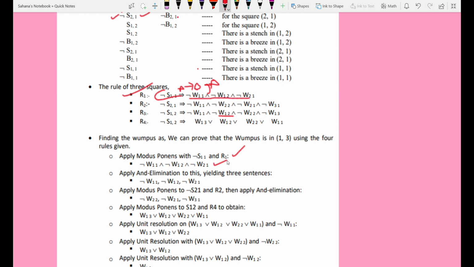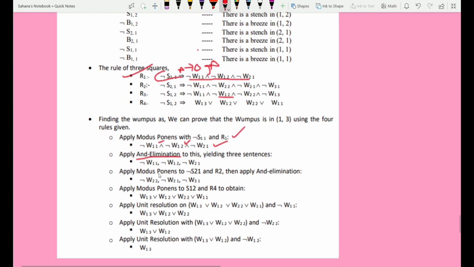Negation W11 and negation W12 and negation W13. Now we will do AND elimination, meaning we will remove this AND operator. After removing we will get negation W11, negation W12, negation W21.